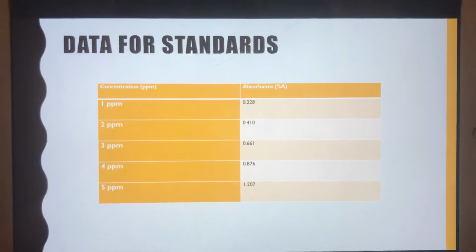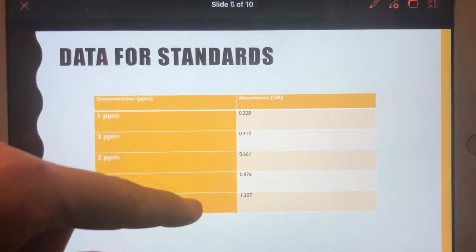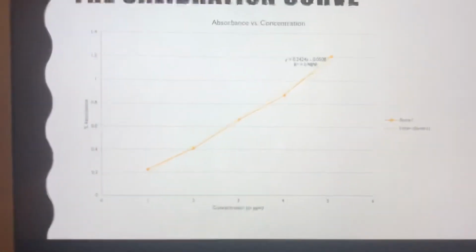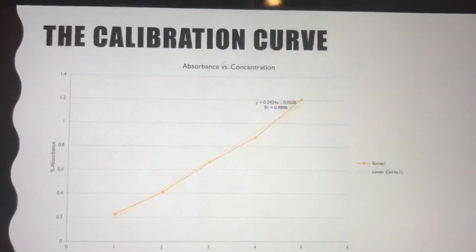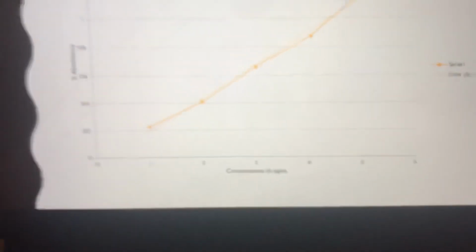As you can see, as concentrations increase, so does the amount of light absorbed at 710 nanometers. It's a little hard to see. I probably shouldn't have used yellow. But you can see on the bottom here the concentration in parts per million of our standard solutions, and over here we have our percent absorbance.